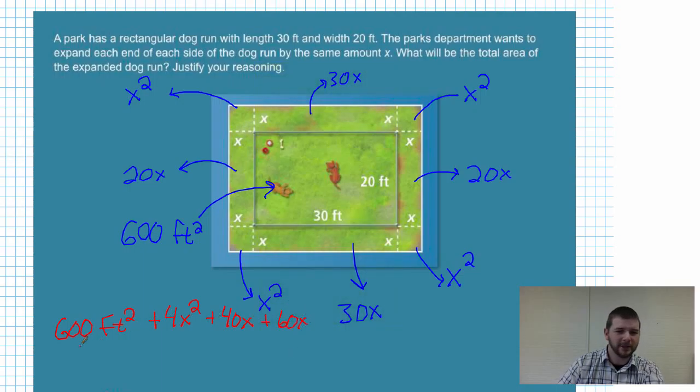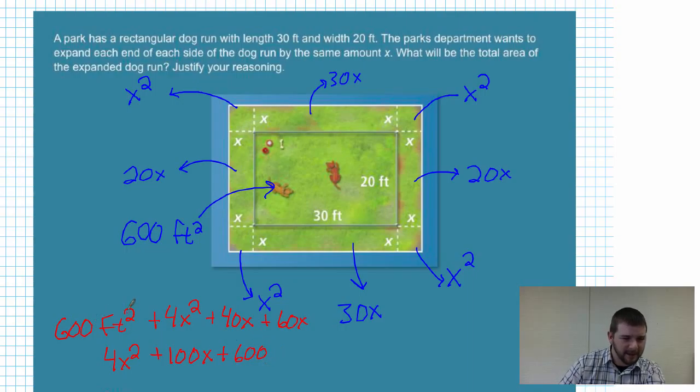Now combining like terms and rewriting this polynomial in standard form, recall standard form has the higher powers of x to the left. We're going to find 4x squared plus 40x plus 60x is plus 100x, plus 600.